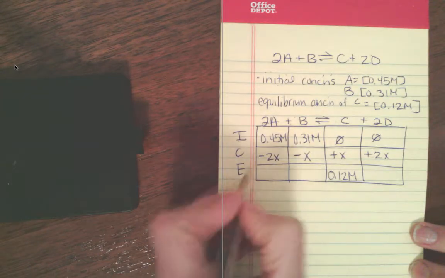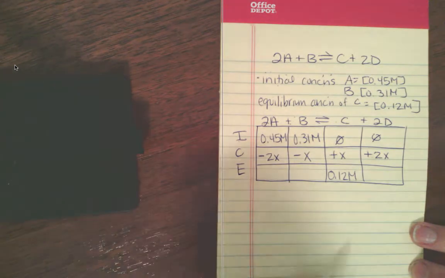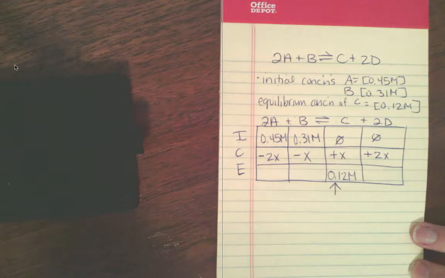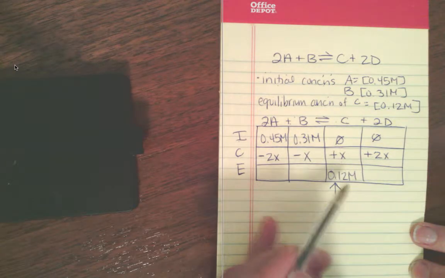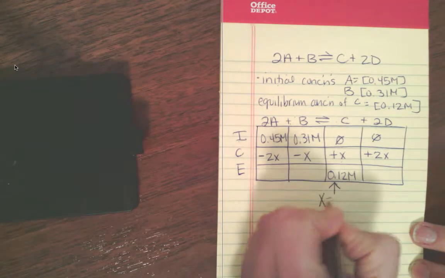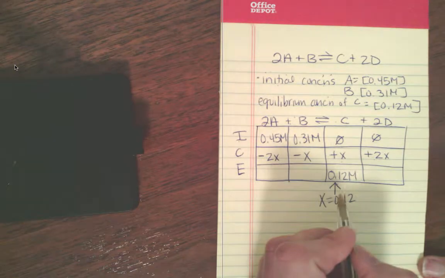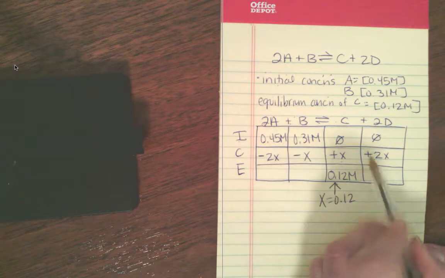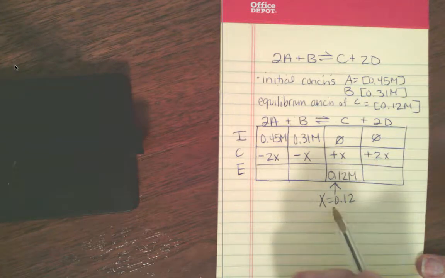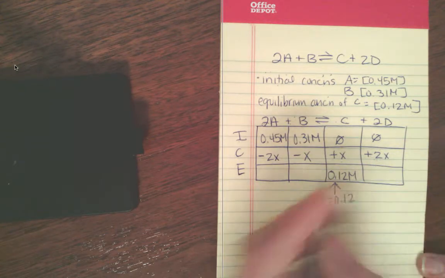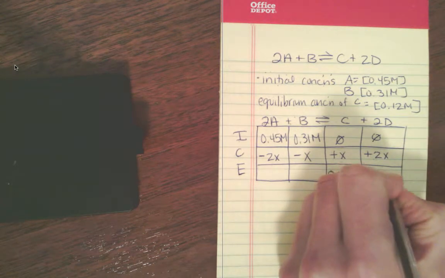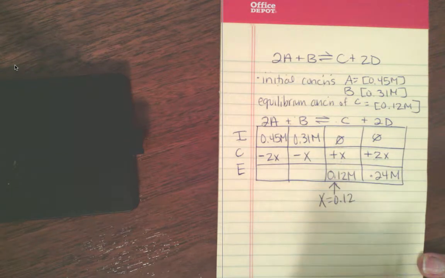And then to find my ending equilibrium values, well, this row right here tells me what X equals. 0 plus X equals 0.12, therefore X equals 0.12. So over here, if I know that X equals 0.12, then 2 times that is going to be 0.24. So it'll be double the concentration.